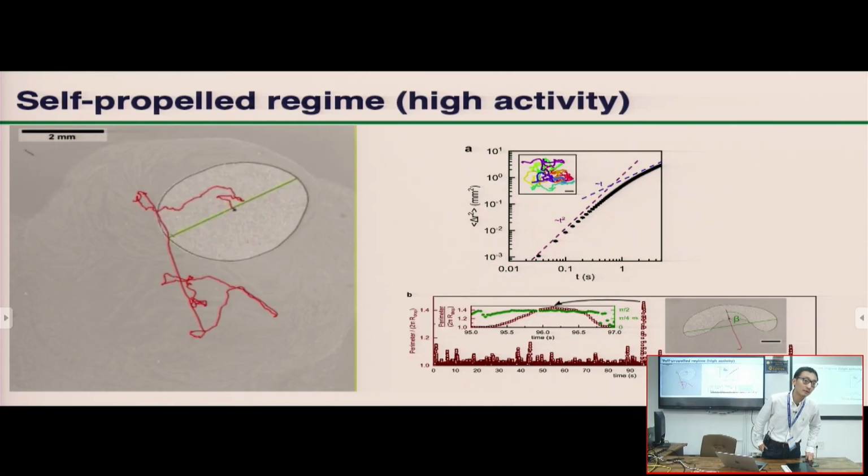This is one kind of model where you think of droplets with shape changing. Yeah, the shape changing is induced by activity inside the droplet. Then we treat the droplet as an active particle with some orientation.